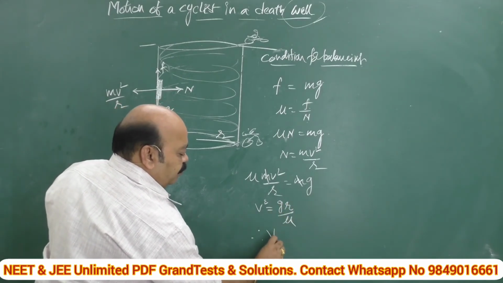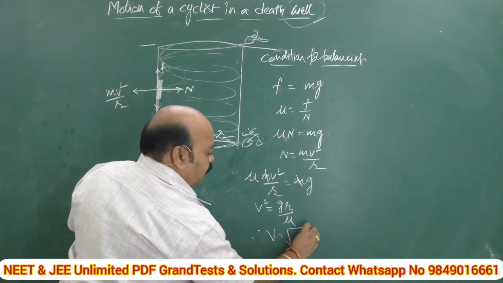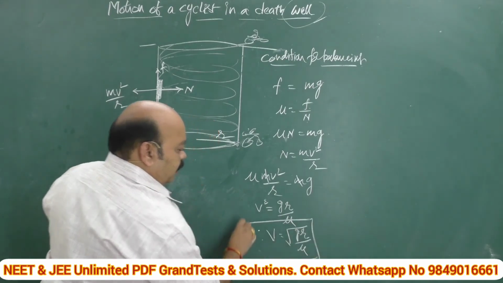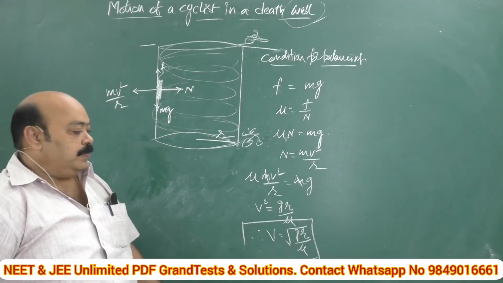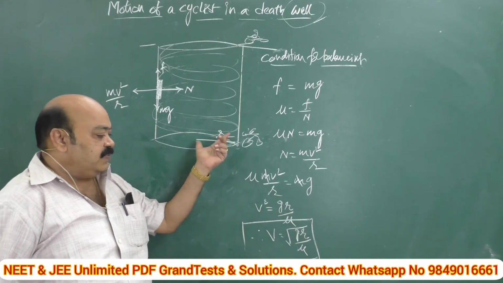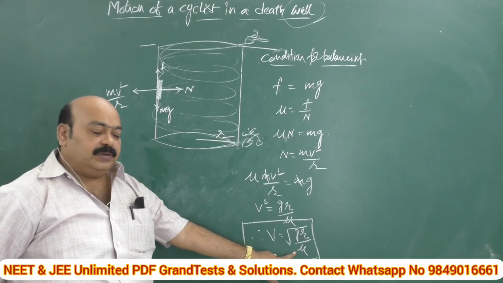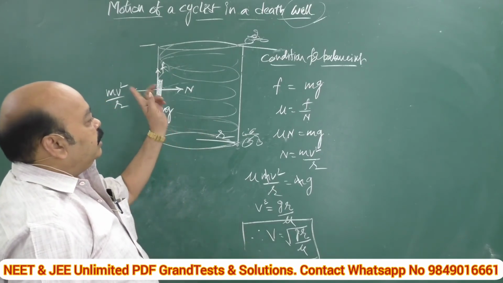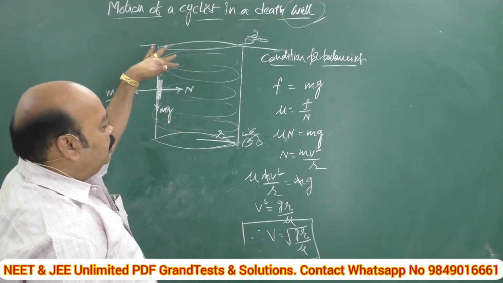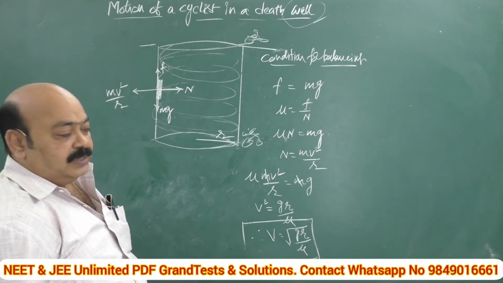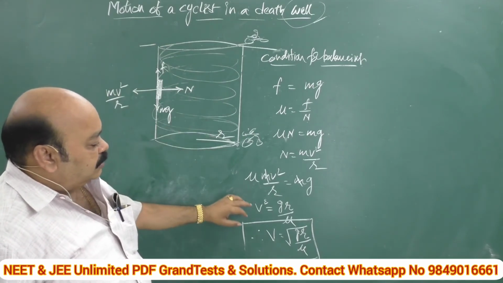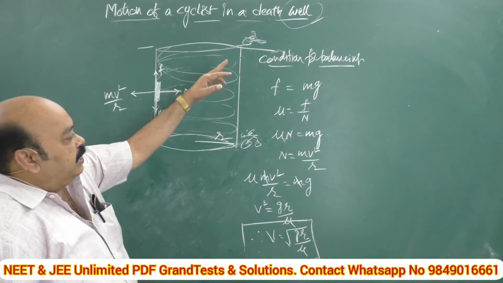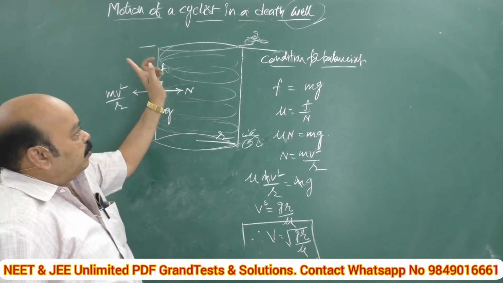Last step, therefore, v is equal to square root of g r by mu. Using this, we can solve the problem. The unknown data are the radius of the well and the coefficient of friction. Then we can calculate the velocity he has to maintain so that he can reach the top without falling down. That's the condition. Once again, a motorcyclist of mass m is moving along the walls of a death well, and finally he comes up to the stage.